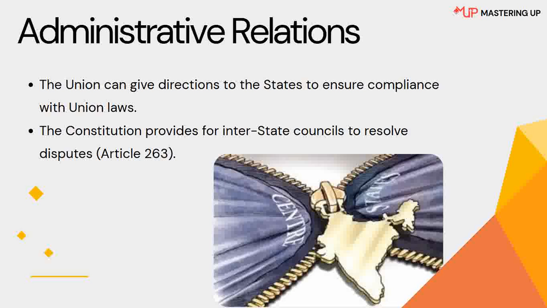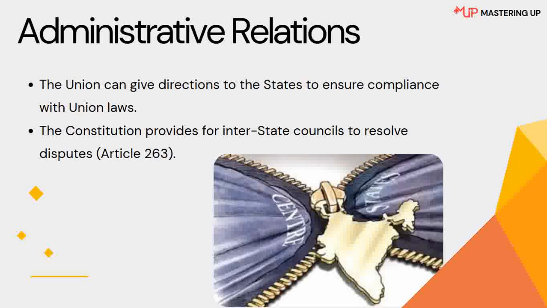Apart from legislative powers, the Constitution also defines how the Union and states should cooperate in administering laws. Under Article 256, the Union can give directions to states to ensure that Union laws are implemented effectively.